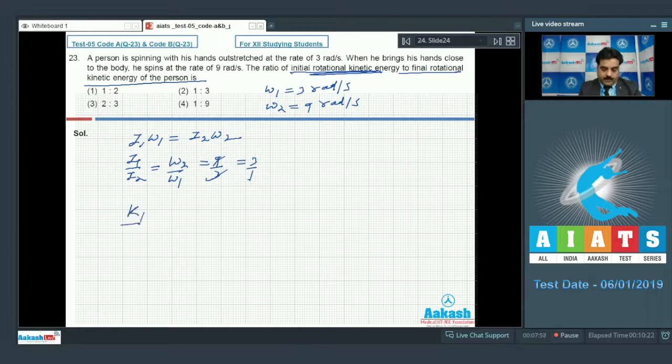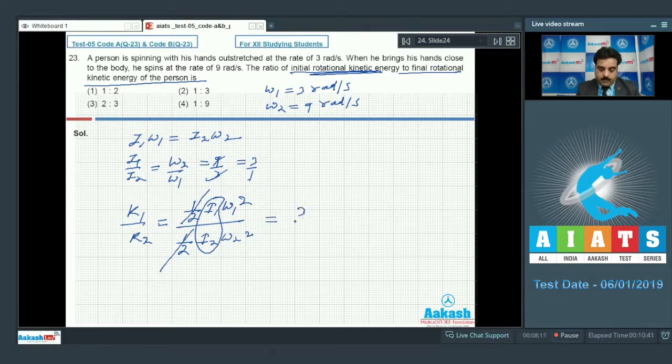So K1 upon K2, initial and final. Rotational kinetic energy is given by 1 by 2 I1 omega 1 square, 1 by 2 I2 omega 2 square. You have the value of I1 upon I2, and 1 by 2, 1 by 2 will cancel out.